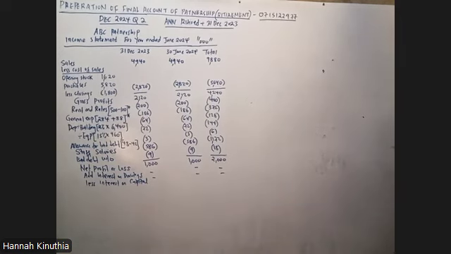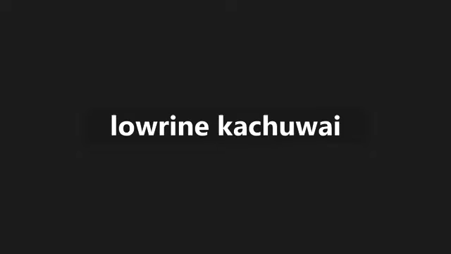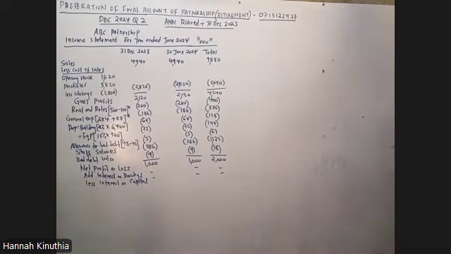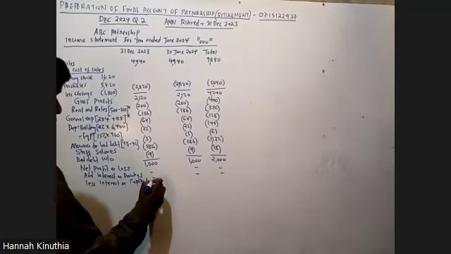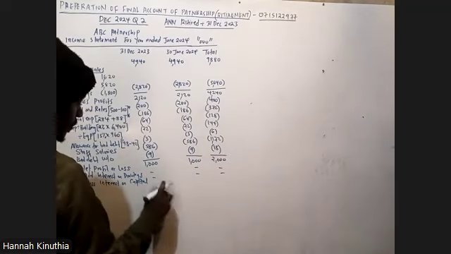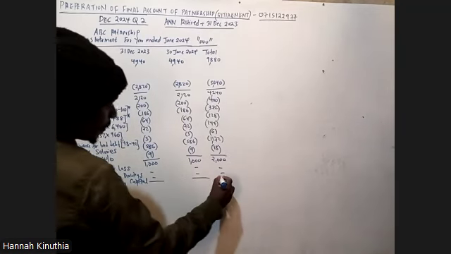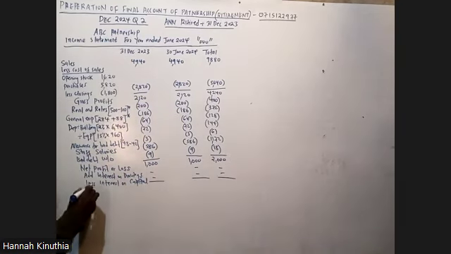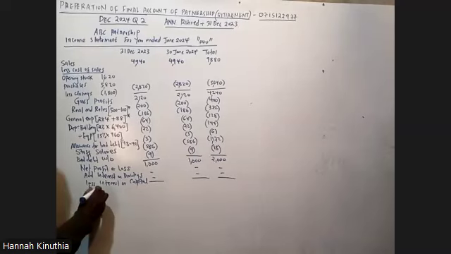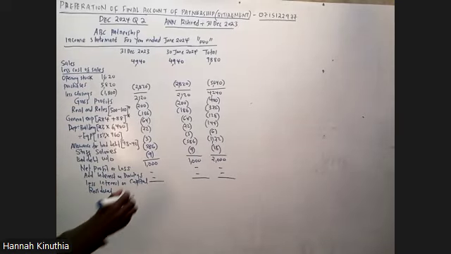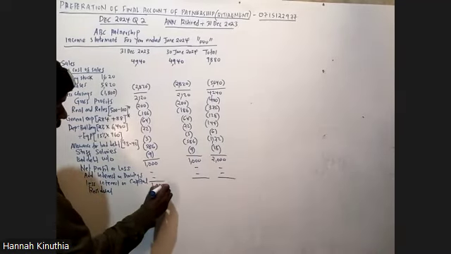So hatukuambiwa the percentage, so we cannot compute. So kumaanisha hakuna. Now residual, it will be 1000. Residual profit.